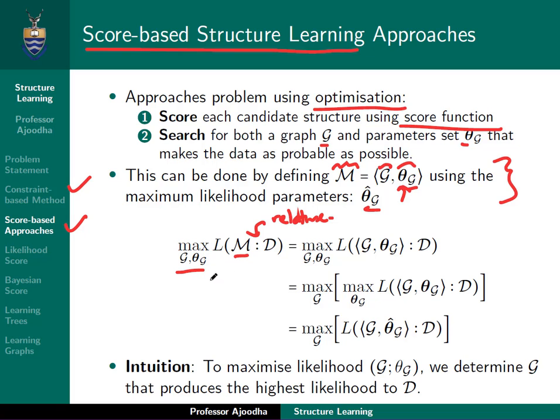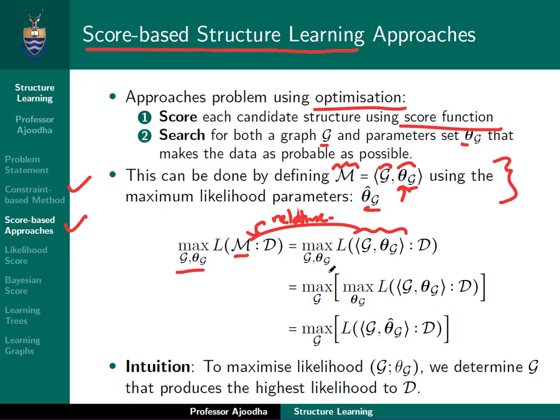Okay, I hope this makes sense in your head. I mean, every time I showed you a Bayesian network in the previous slides, I showed it to you with parameters. Those parameters are optimal, and those are the ones that I'm talking about. So if we're going to maximize over the graph structure with respect to the parameters, then I can substitute the model M with the graph structure and the parameters.